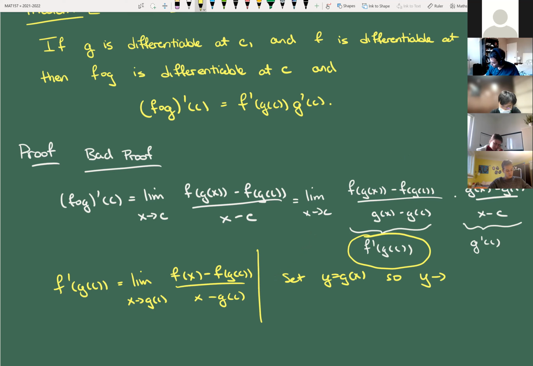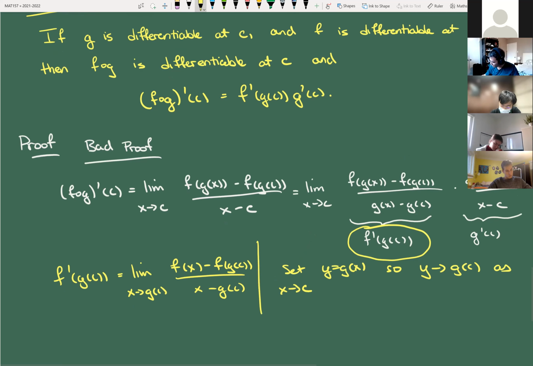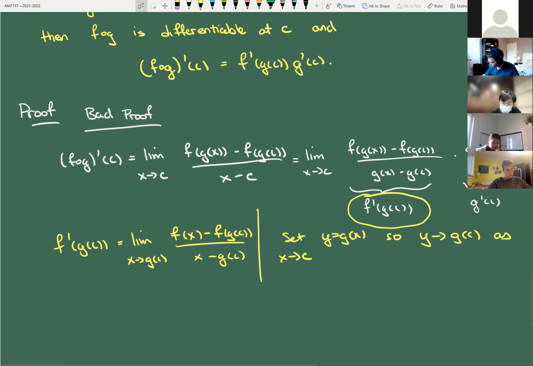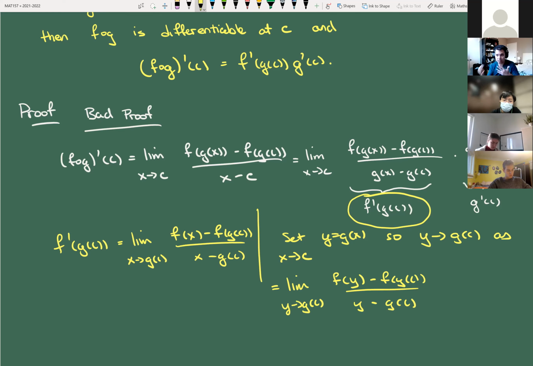So y approaches g of c as x approaches c, and then write this limit down as the limit as y approaches g of c of f of y minus f of g of c, divided by y minus g of c. And that should be equal to f prime of g of c. Do you see how that's supposed to work?